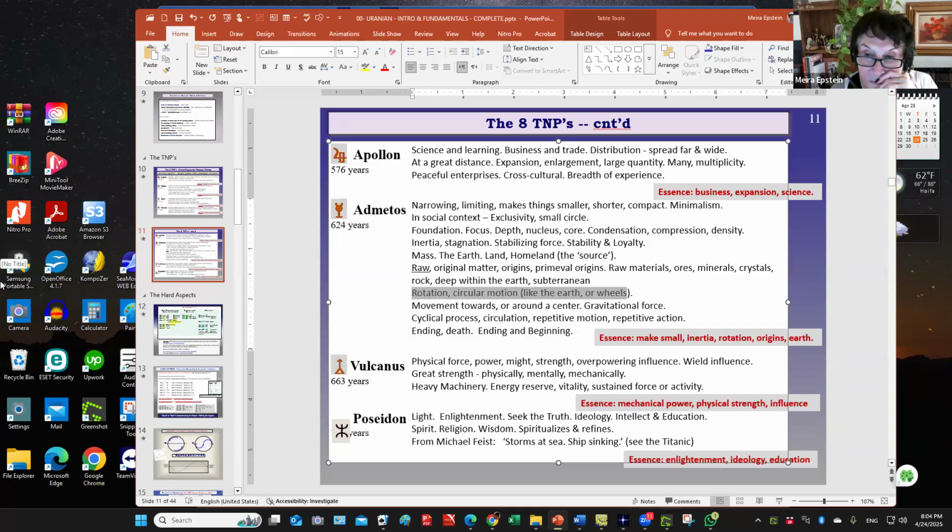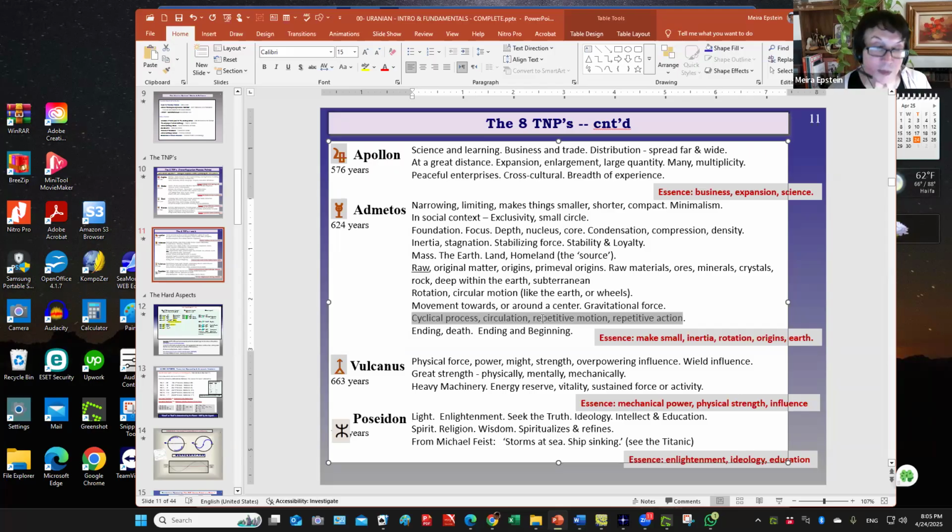The line before last: cyclical process, circulation, repetitive motion, repetitive action. That ties into rotation because when something rotates, it does the same thing all over again. Around and around and around, comes back to the same spot. So it's the symbolism of rotation.